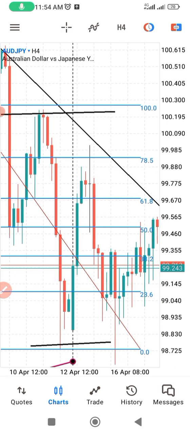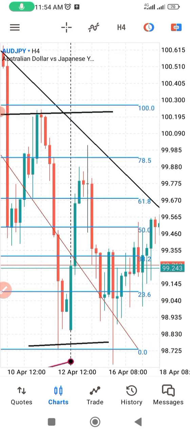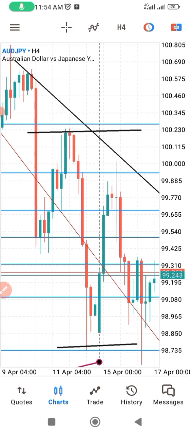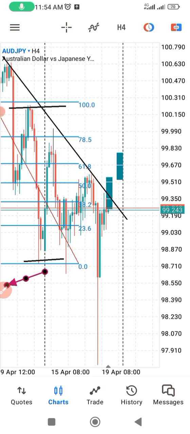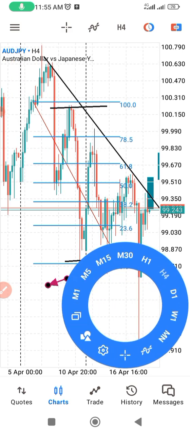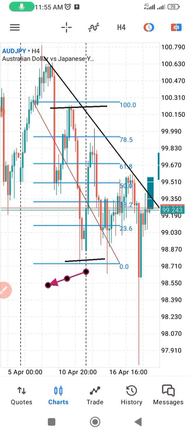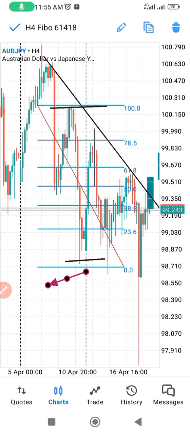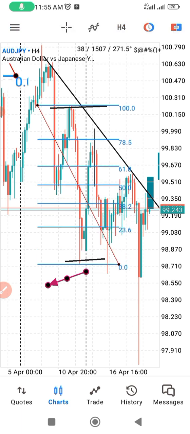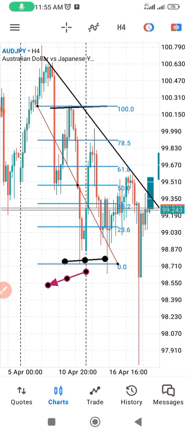So now we want to get the precise low. Okay, this is our new low formation, and that is our high. And here is our new low formation.